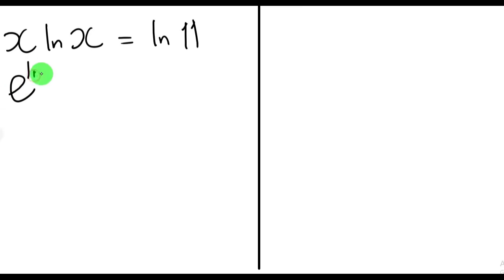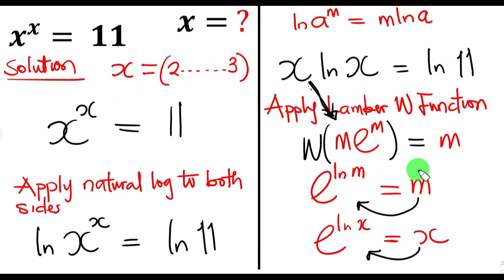exponential ln x, then multiply by ln x equal to ln 11 as it is. Since we have the format that we want, we can now apply the Lambert W function as established earlier, to both sides of the equation.